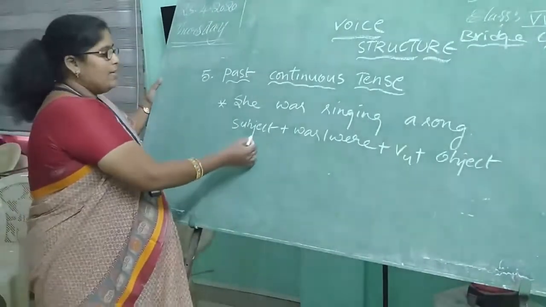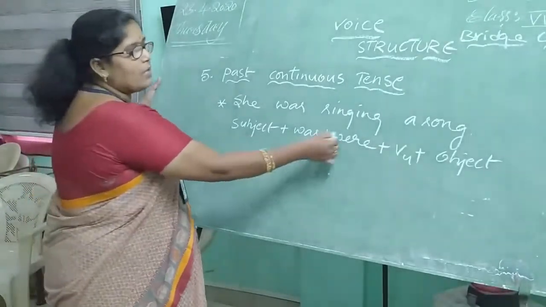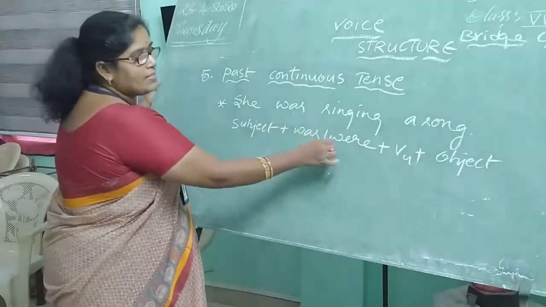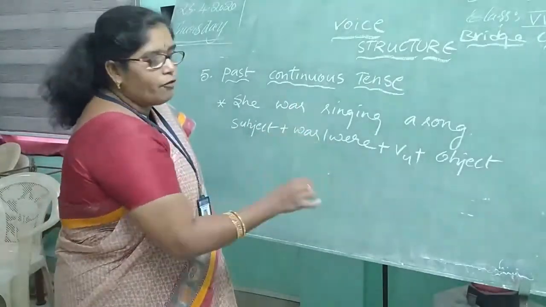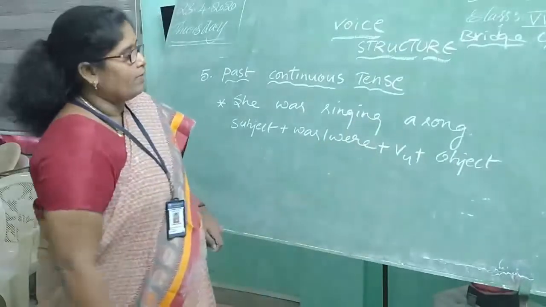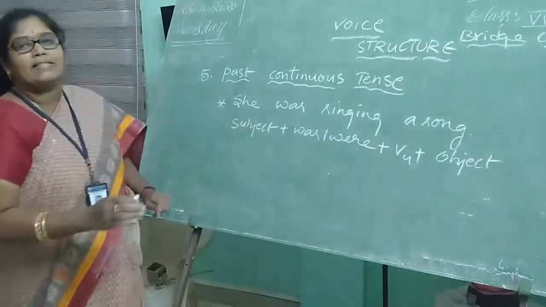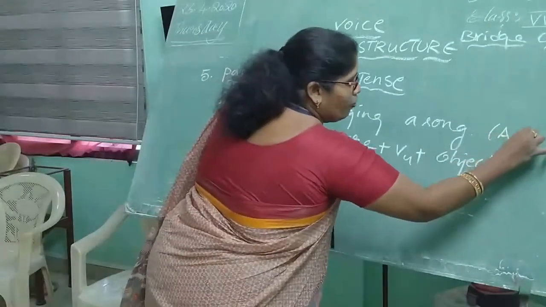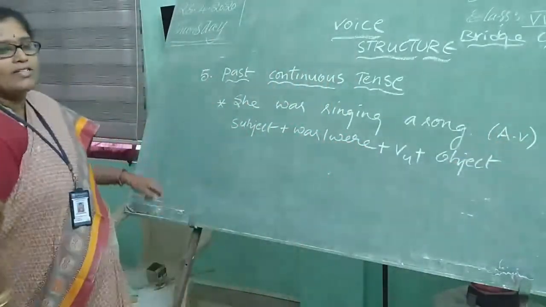Once again, children, subject plus was or were, that depends upon the subject, children. So was or were plus V4, or V1 plus ing, plus object, children. And here the sentence is in active voice.